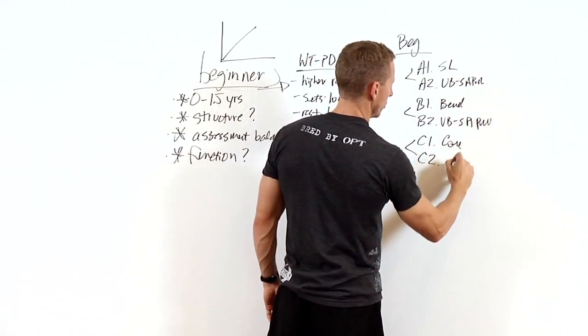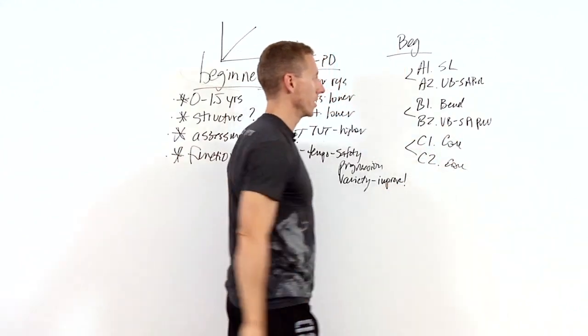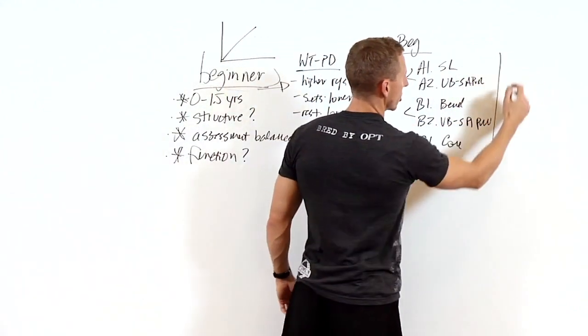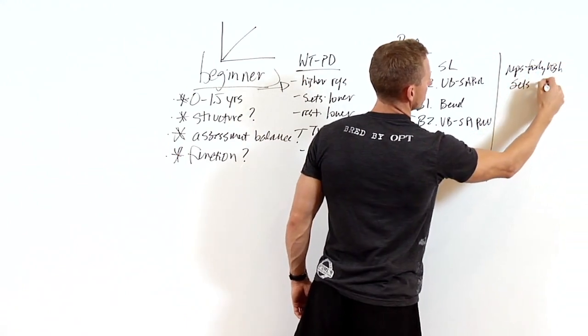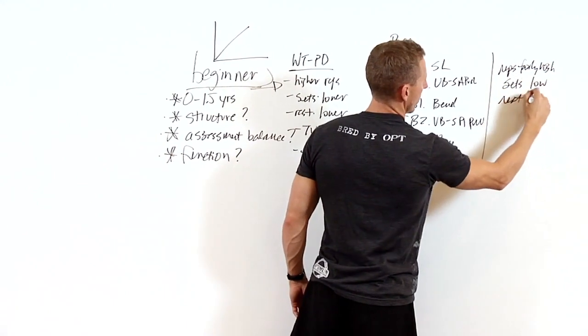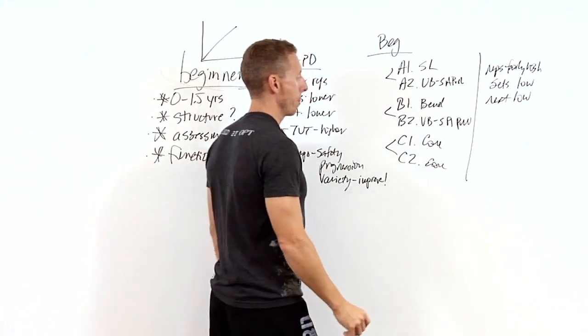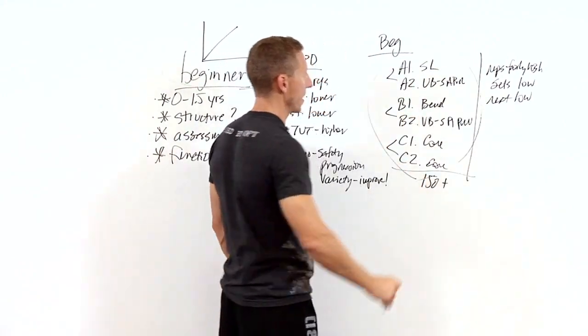And then we'll have 2 core activities that complement one another. And we know all the traits that are going to go into it. Reps, fairly high. Sets, fairly low. Rest time, fairly low. We want to get a bunch of repetitions in for that beginner.